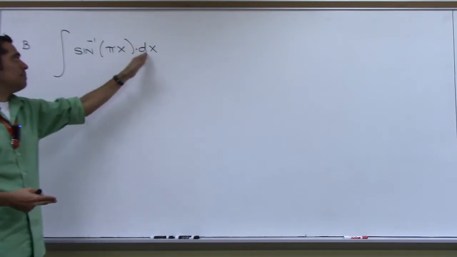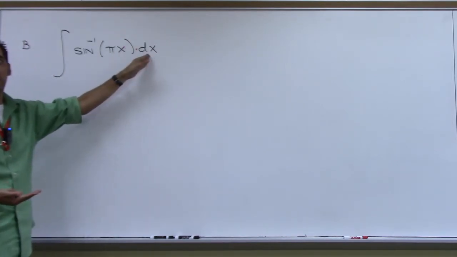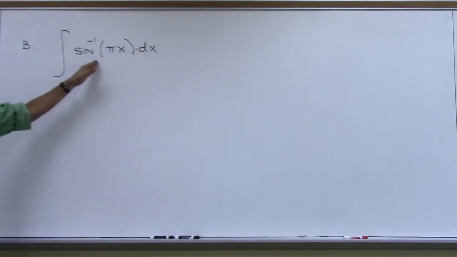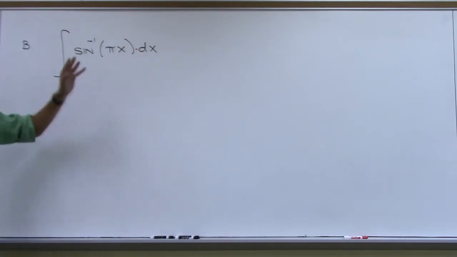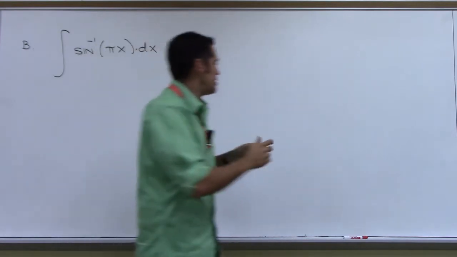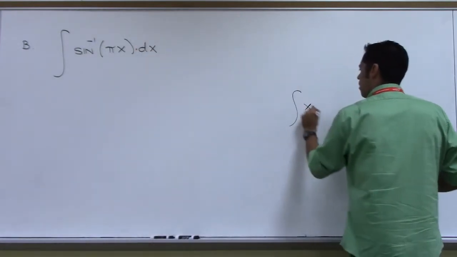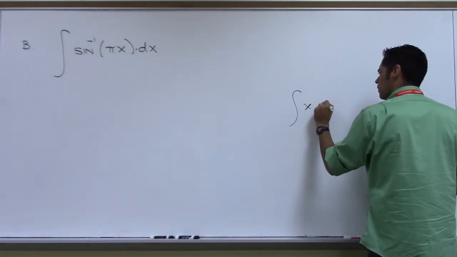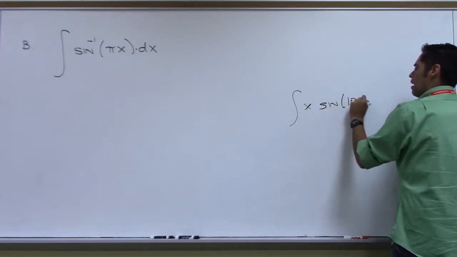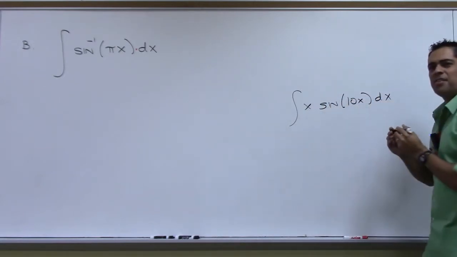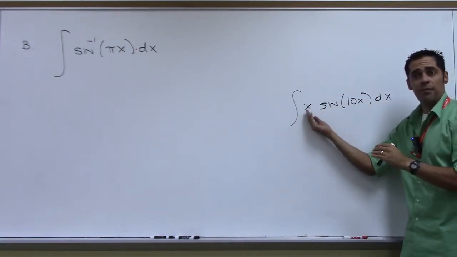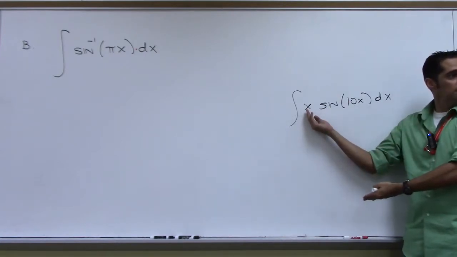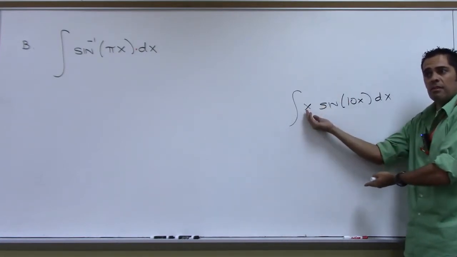So if that can't be u, the only other choice for you is what? This. But do you see how this is different than the previous problem, in the sense that in the previous problem, what was it, sine? Wasn't it somewhat obvious that if I choose this for u, it gets better? It gets better when I take its derivative?